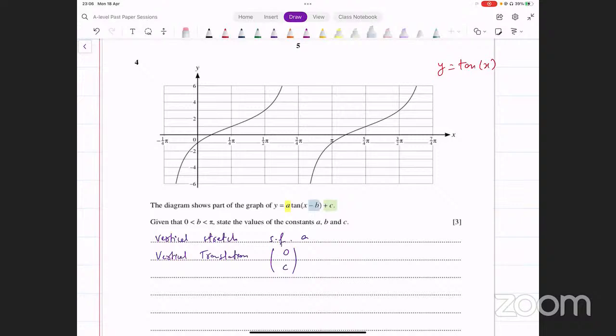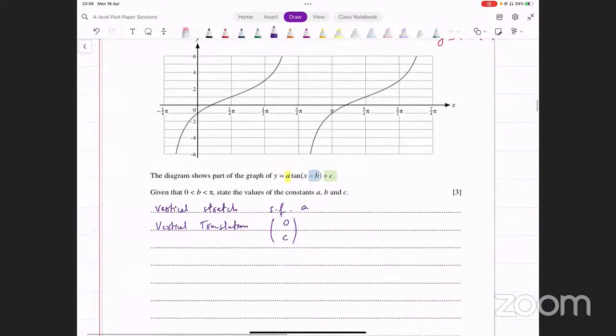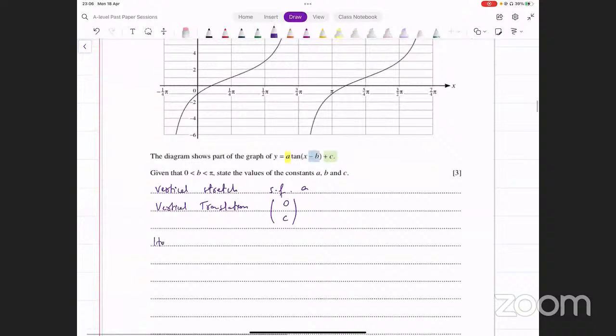The function के अंदर कुछ होता है वो horizontal होता है. और function के अंदर आपकी कोई चीज plus minus हो रही है. That is horizontal translation. ये 3 चीजें आपके पास tan के function के साथ हो रही हैं. इसका जो आपका vector होगा वो क्या होगा? That's going to be (b, 0) because horizontal transformations work the other way around. Minus होता है तो right पे move करते हैं, plus होता है तो left पे move करते हैं.